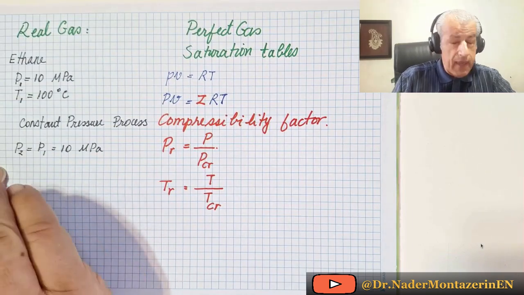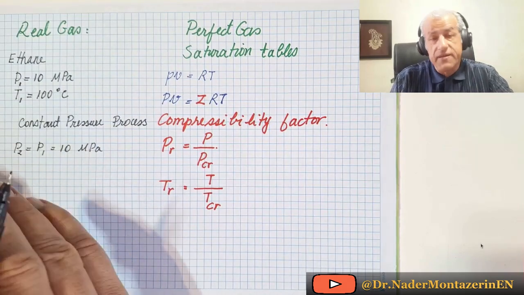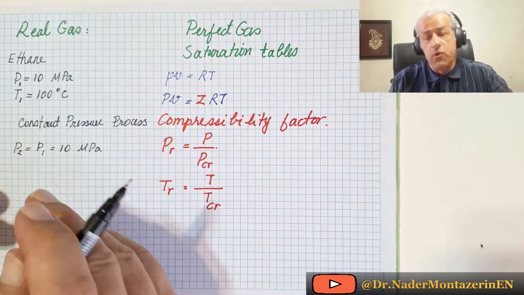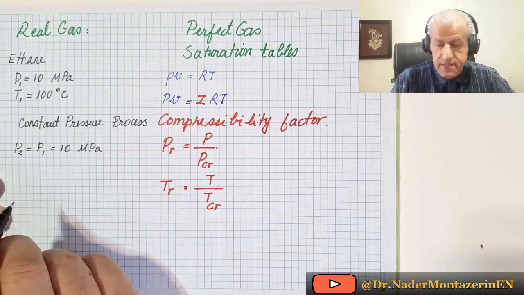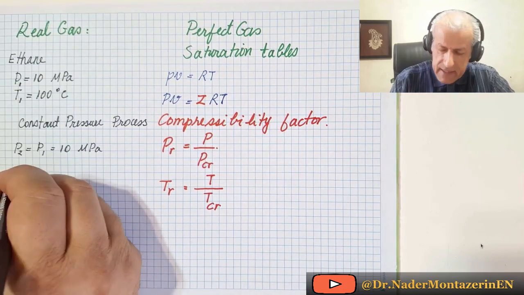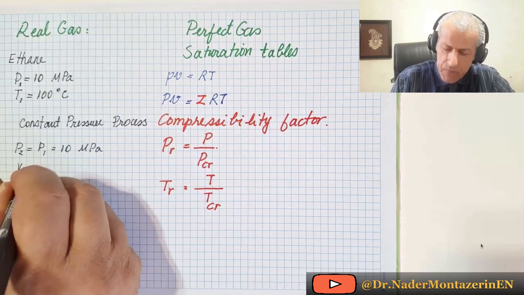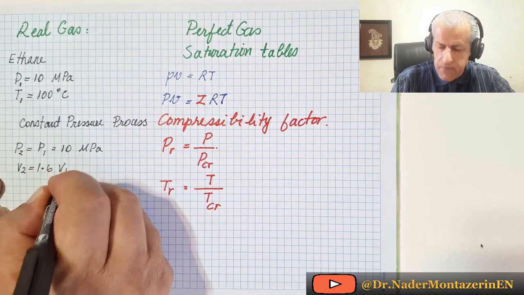Whatever process happens, wherever the end point is, its pressure is still 10 megapascals. But ethane expands, and V2 equals 1.6 V1.